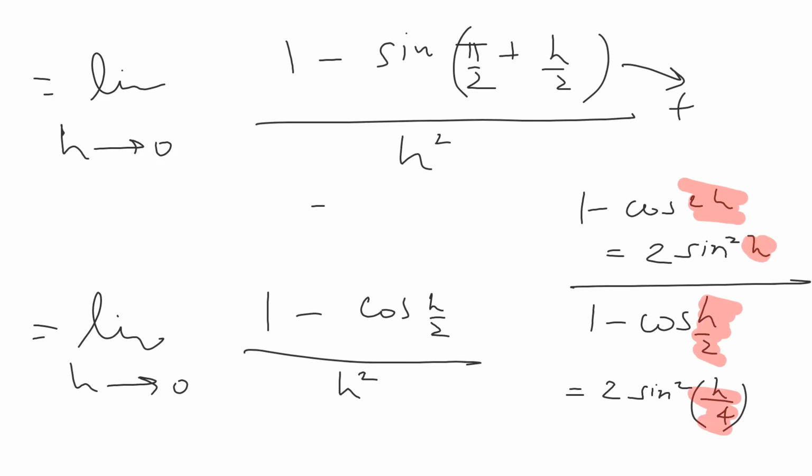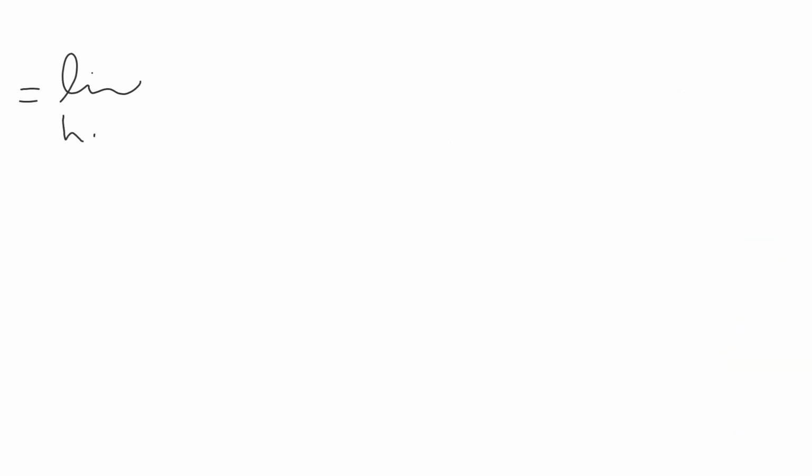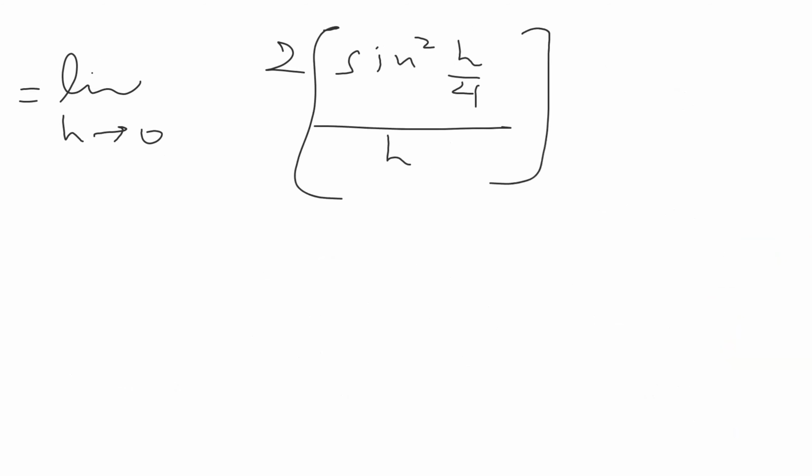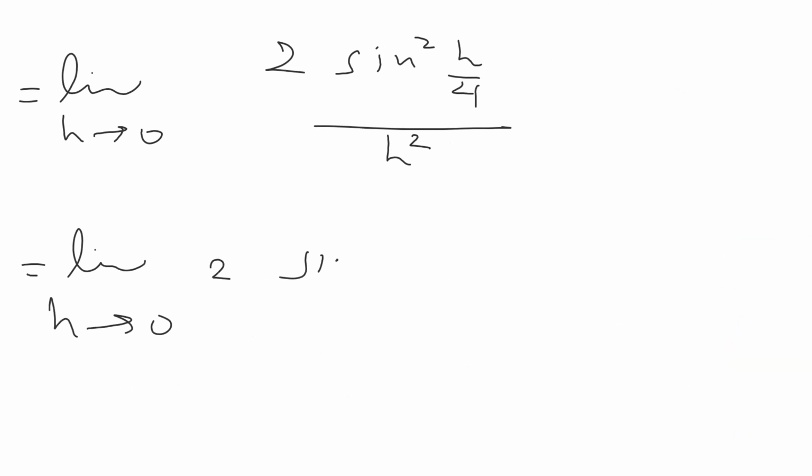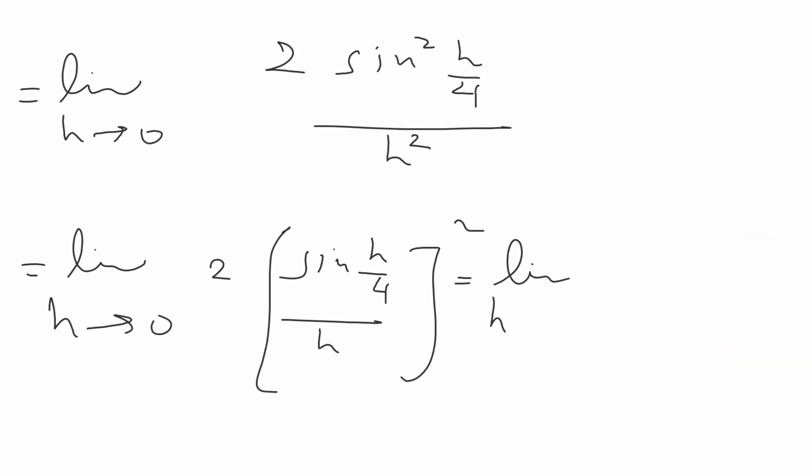So instead of 1 minus cos h by 2, I'll write 2 sine square h by 4. So this is equal to limit h approaching 0, 2 sine square h by 4 upon h square. Down we are having h square. Let's group the square terms: 2 sine h by 4 upon h the whole square, limit h approaching 0, 2 sine. I'll write this on the next page.